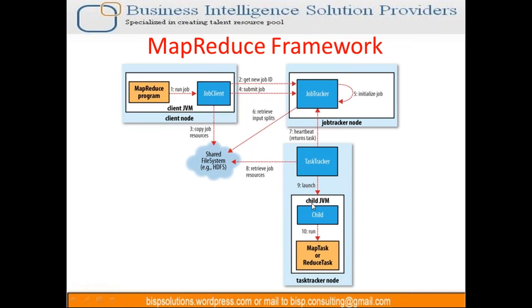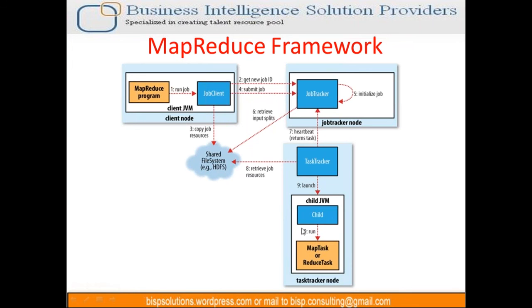JVM is a Java virtual machine. So in a child process, it's going to run that mapping task or a reduce task. Okay. Why is it creating a child JVM? Any guess why it is creating a child JVM and then running a mapping task or a reduce task?